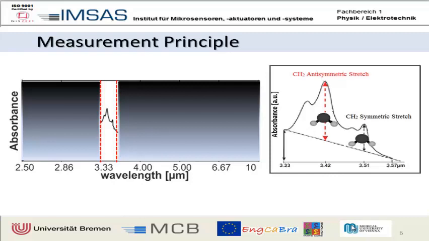So what we have done was to calculate the ratio between the CH2 symmetric absorbance and the CH2 antisymmetric absorbance, and see if it can be used as a valid biomarker for recognizing cancers. And the answer was yes, maybe.